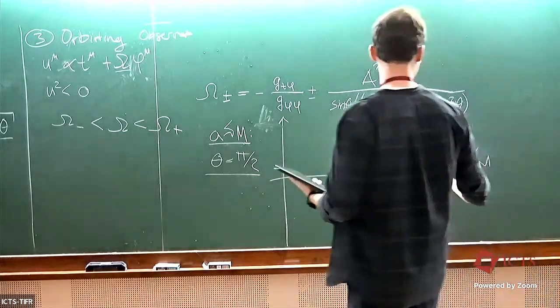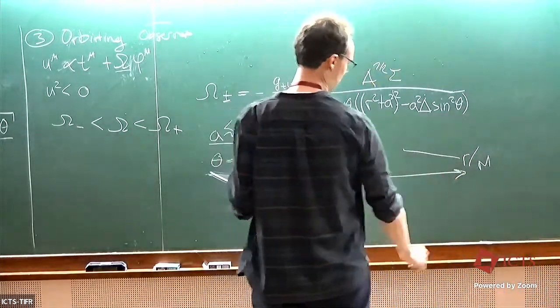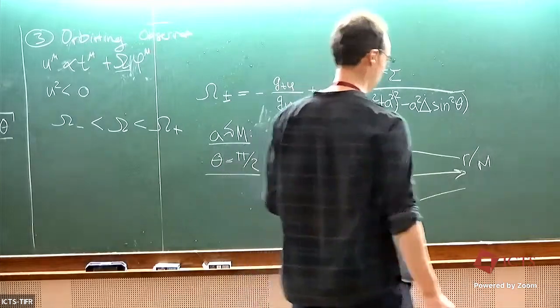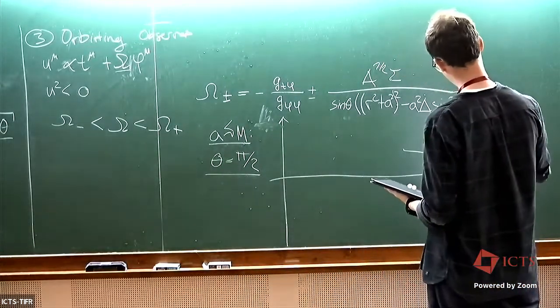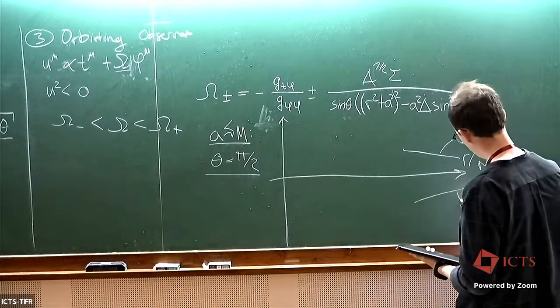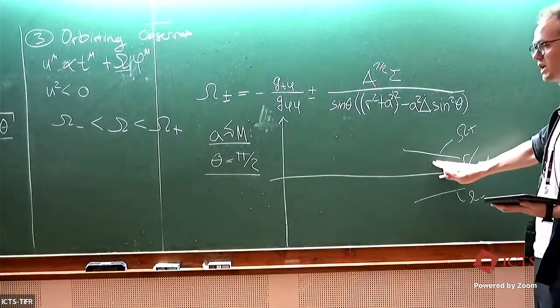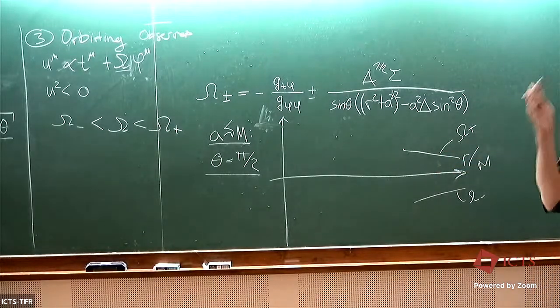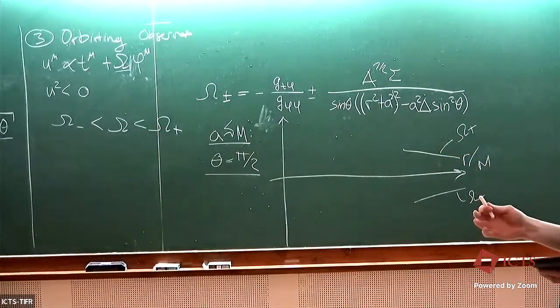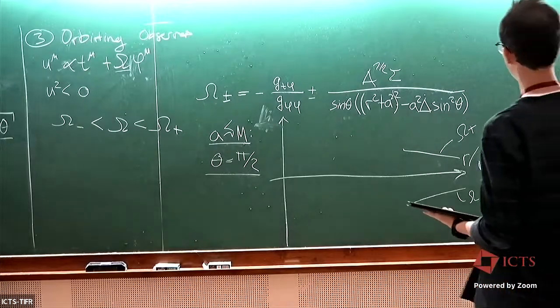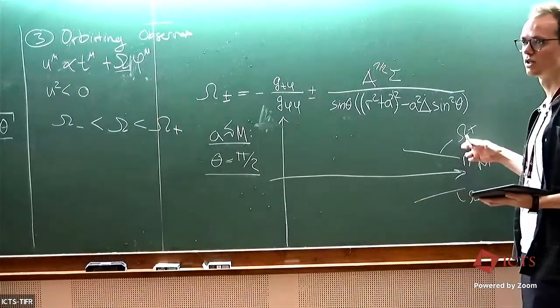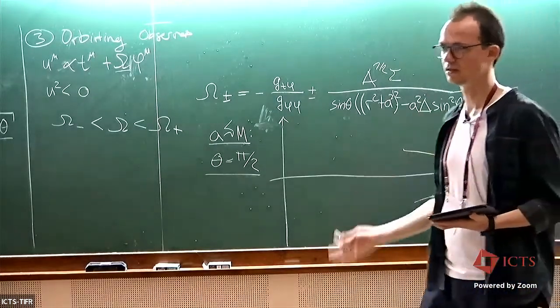And so at large distances, you have some asymptotic behavior for omega plus and for omega minus. This asymptotic behavior should make sense, because of course your linear speed is bounded by c, and so your angular speed around the center of the black hole cannot be infinitely large.